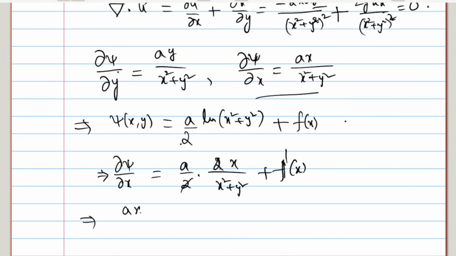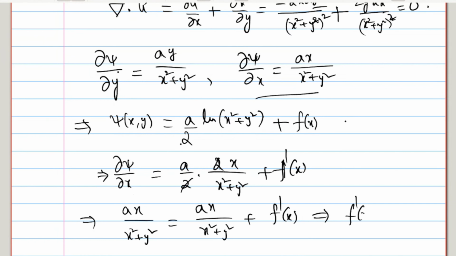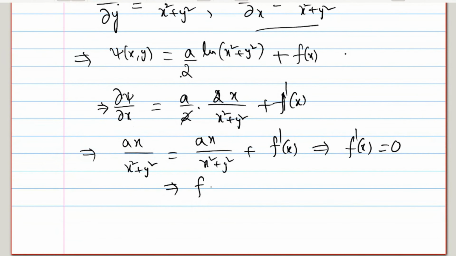So this gives f dash of x equal to 0. That means f of x equals a constant.